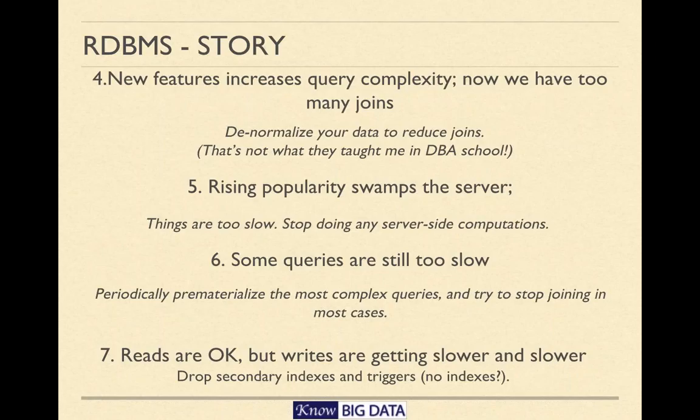Now, at this point of time, if you are a DBA, you will get kind of a heart attack seeing this. This is something I was not taught at DBA school. Because first you let go of the consistency by putting a caching layer.